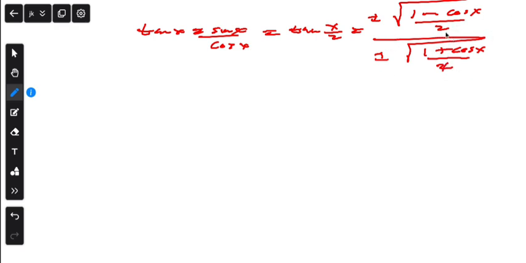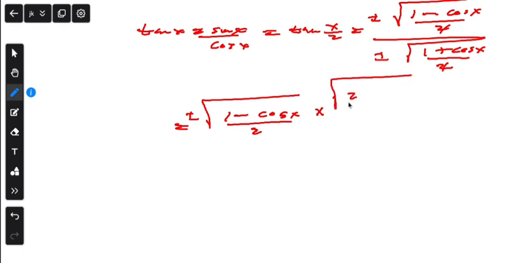these can cancel each other. Okay, why are they cancelling each other? Let me do this. Plus or minus 1 minus cos x, then divided by 2. So here we can say multiply by 2, then divided by 1 plus cos x.